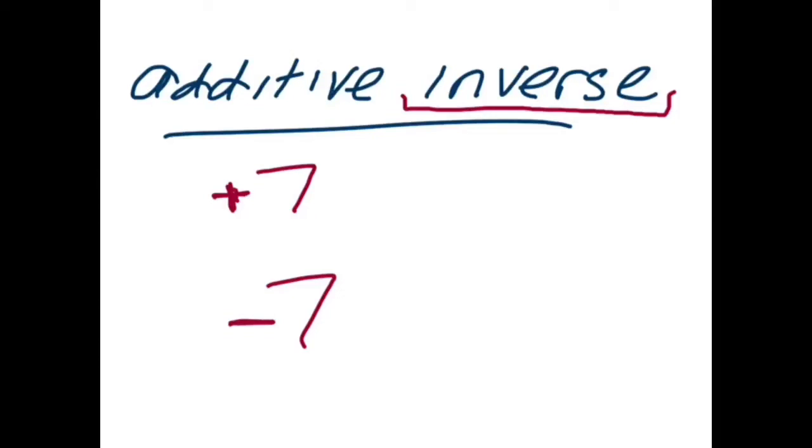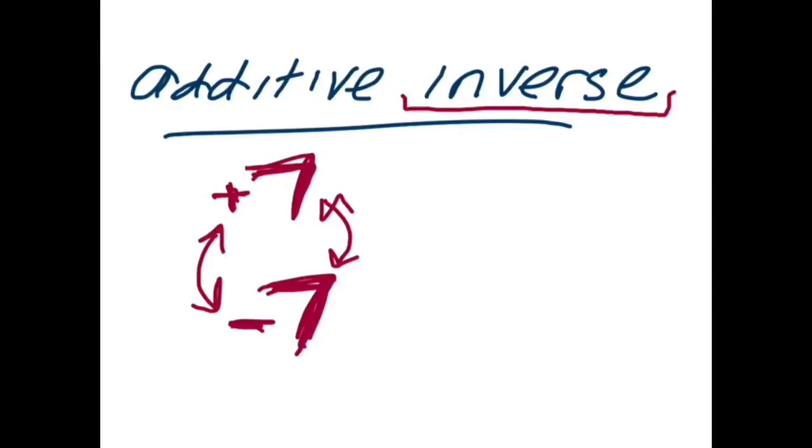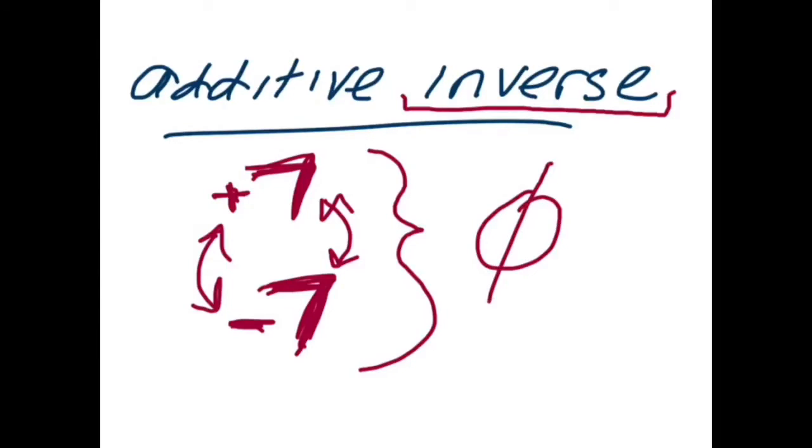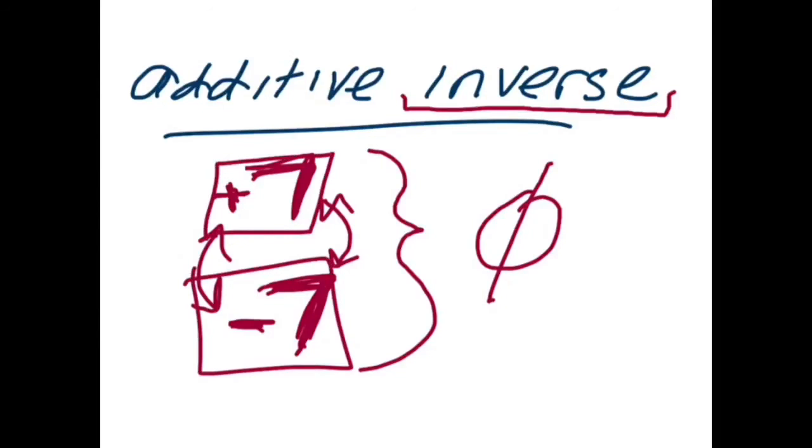That's what they mean by inverse, the opposite. So the opposite of +7 is -7. Identical number, opposite signs. Here's something you want to remember because you're going to come across this. Additive inverses will always result in a 0. And if you think about it, what is 7 minus 7? 0, right?